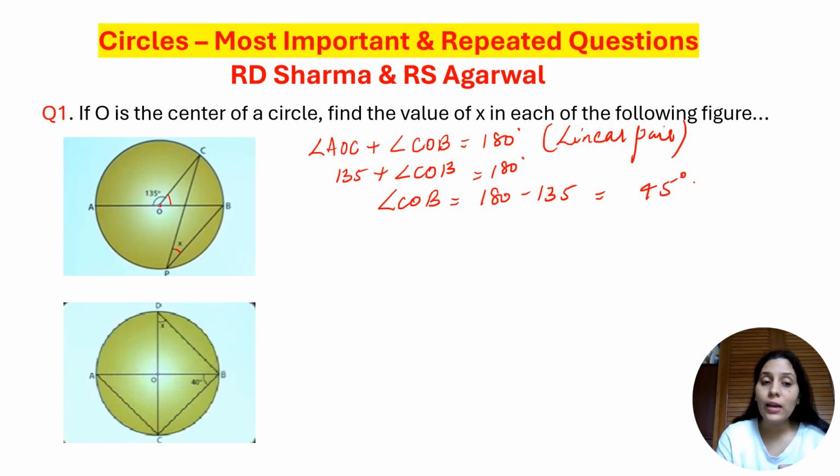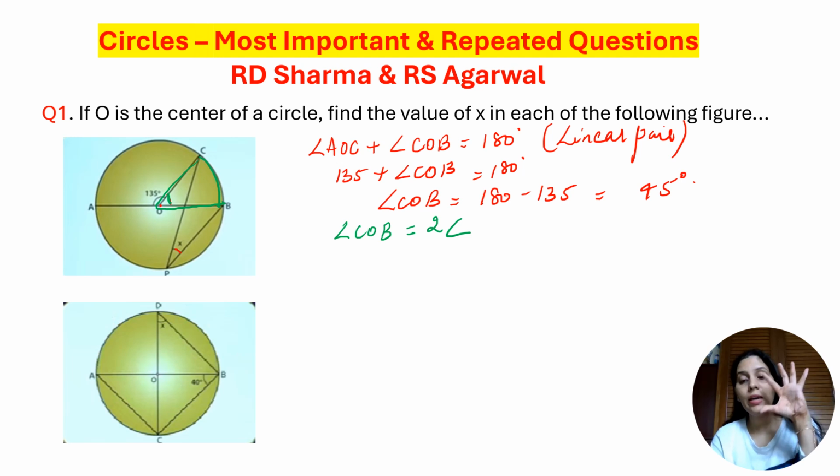Now I need to find this angle. This angle is formed by these two arms, so this is the center angle. We have a theorem that the center angle is double the angle subtended anywhere on the remaining part of the circle.